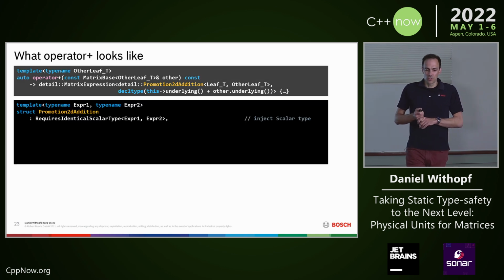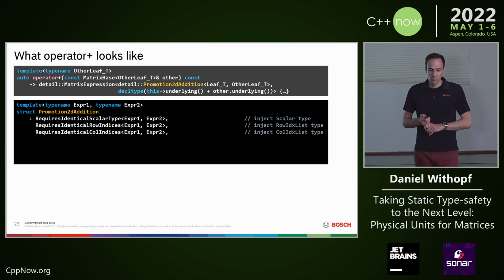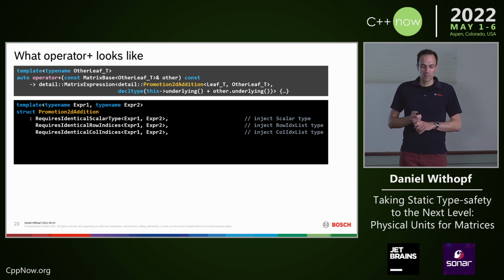Now I want to show what this promotion 2D addition looks like. So this inherits from a few base classes, and otherwise the class is empty. So it inherits from requires identical scalar type, and that base class does exactly what the name says. It requires that the scalar types are identical between expression 1 and 2. Furthermore, it also injects the scalar type of the result into this promotion. Then we inherit from 2 more base classes.